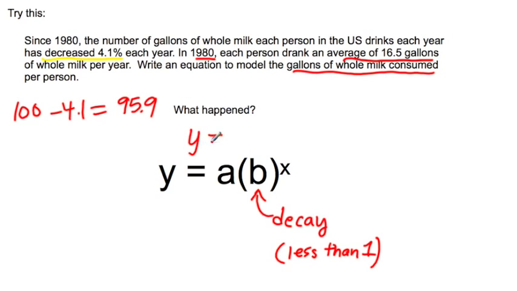I'm going to have y equals 16.5 gallons times, now I need to model 95.9%, so that's going to be 0.959 to the x. And that x is going to depend on how many years later I want to create that equation. One thing to think about is, will this ever reach 0? Just to think about for a while.